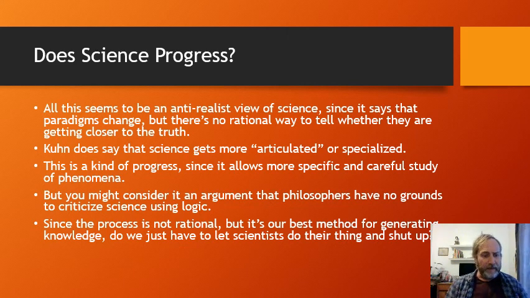And Kuhn bites this bullet a little bit. He says you could say that the new theories are more specialized. We use the word more articulated, right? We're getting somehow a deeper or more detailed grasp on the phenomena, but he stops short of saying there's anything like progress.